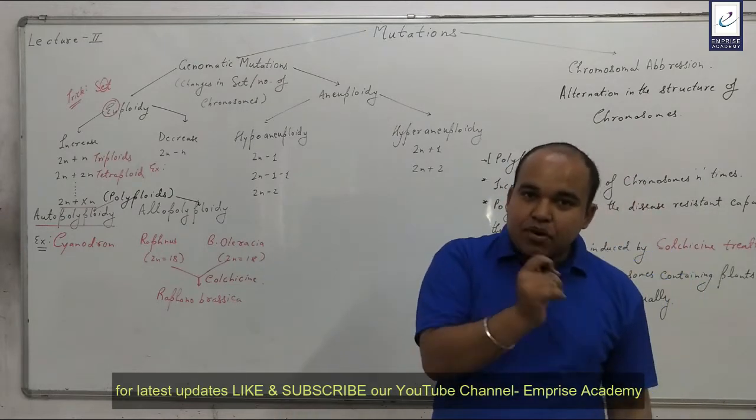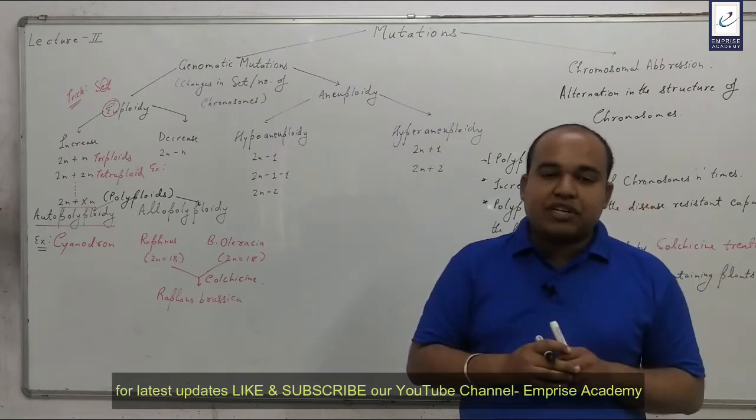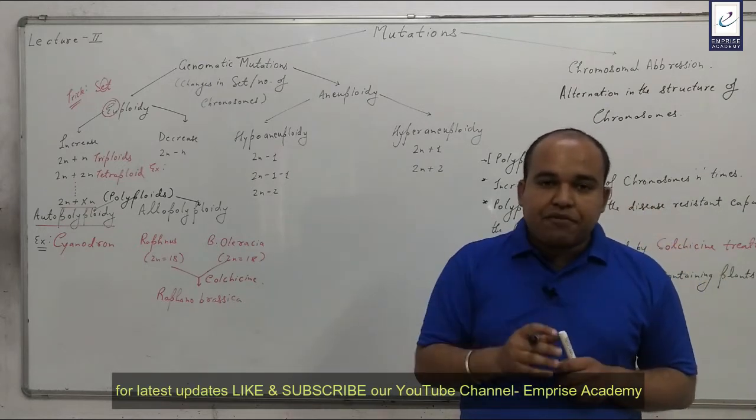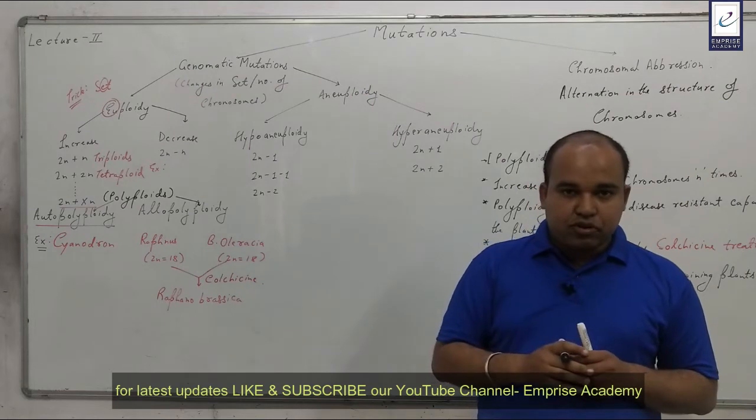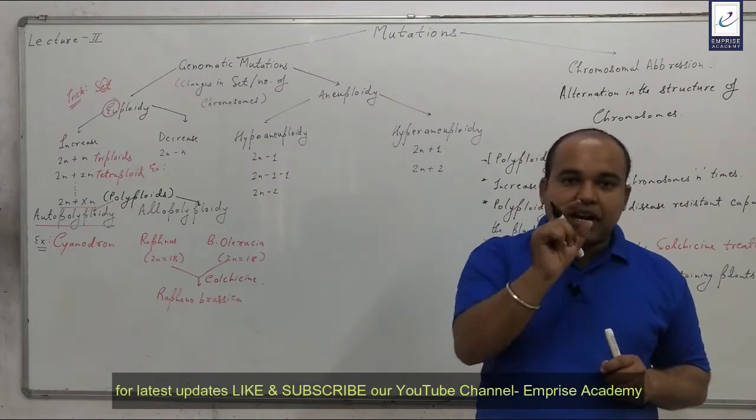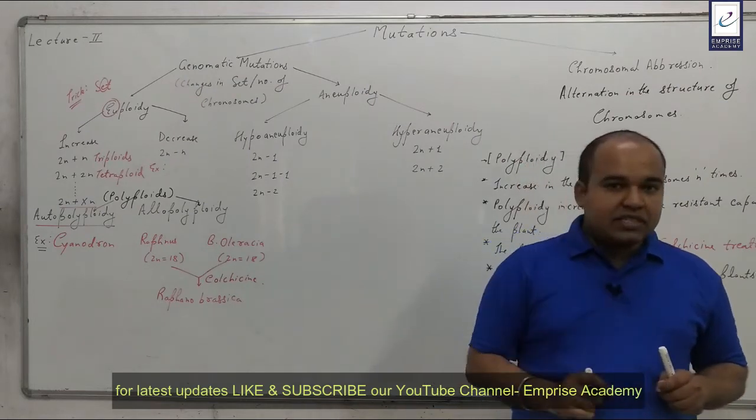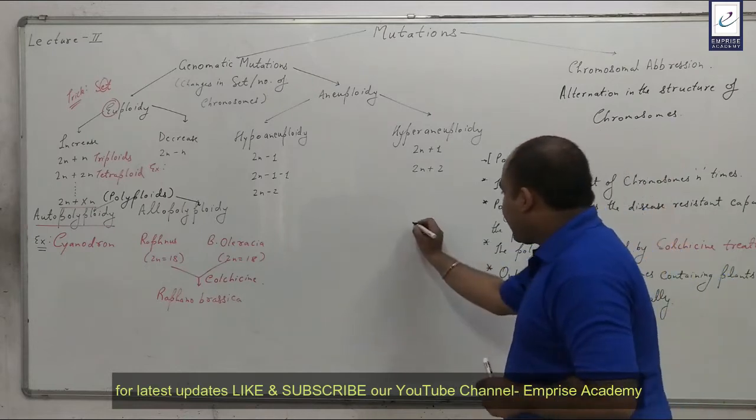Only even number of chromosomes can be equally distributed in daughter cells. You cannot divide odd number of chromosomes into two equal daughter cells. For example, say the case is 7n.